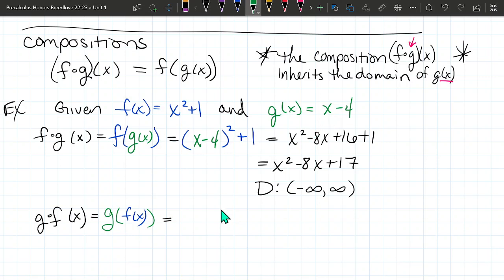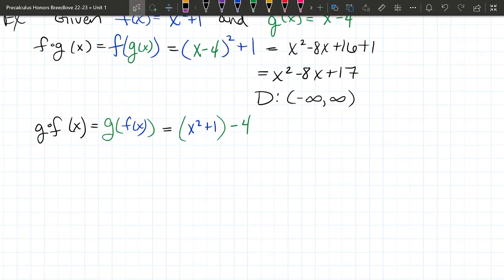It starts with an x, so we have a blank, and then minus 4. And then plug the f function into it, x squared plus 1. And then we simplify. Alright, so in this the parentheses aren't doing anything, so this is just going to be x squared minus 3.